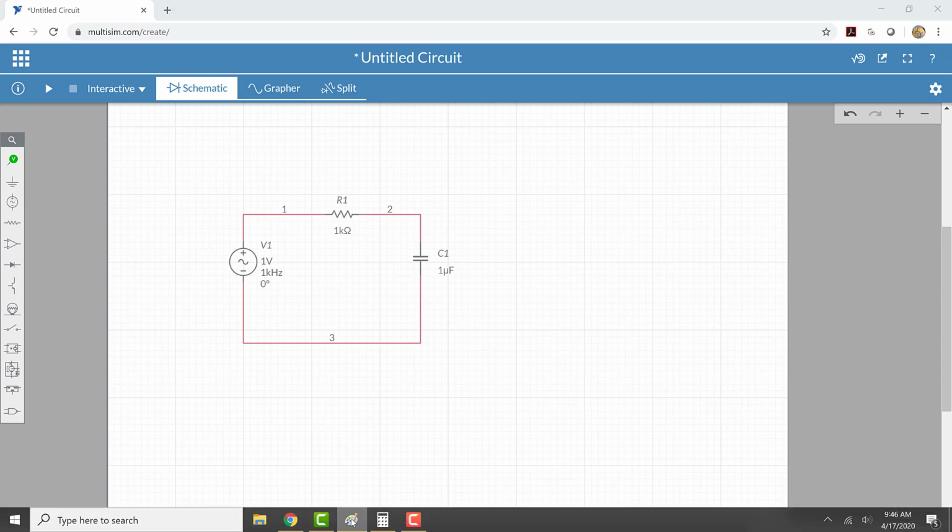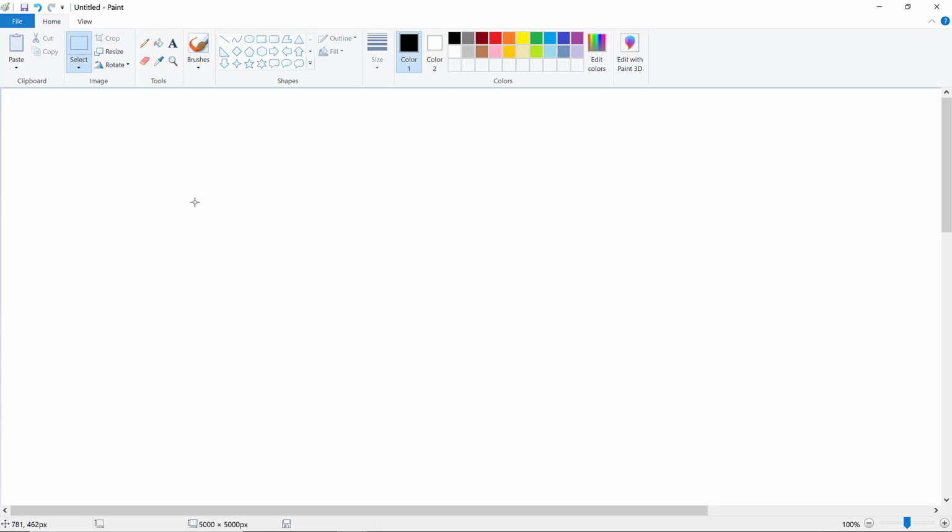I'm going to use Paint here just to do a little bit of quick math. So I remember that for low-pass and high-pass filters made with a resistor and a capacitor, the cutoff frequency, FC, is equal to 1 divided by 2 pi RC.